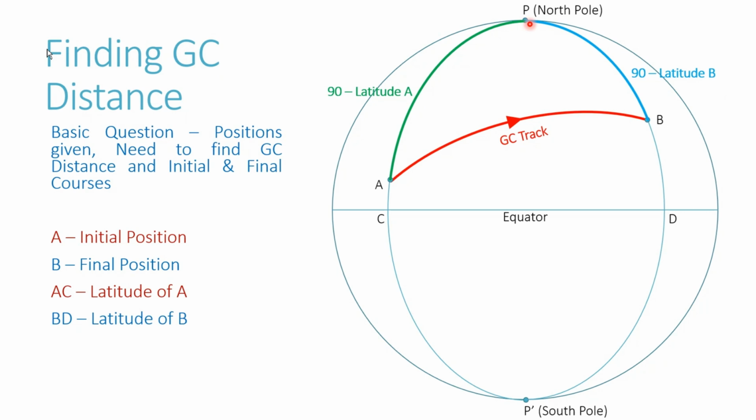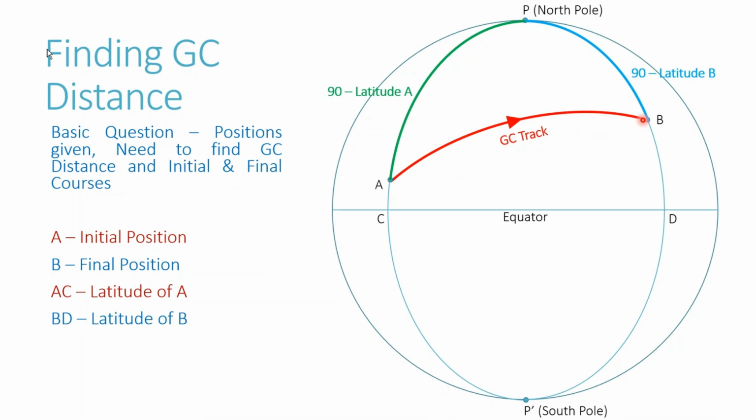Now, if you pay your attention to this triangle, which is formed on the Earth, that is Papa, Alpha, Bravo. This particular triangle is formed on the surface of Earth, and all three sides of this triangle are arcs of great circles. Papa Alpha is the arc of the meridian of our initial position A, which is a great circle. Papa Bravo is again the arc of a meridian, which is the meridian of B, which is again a great circle.